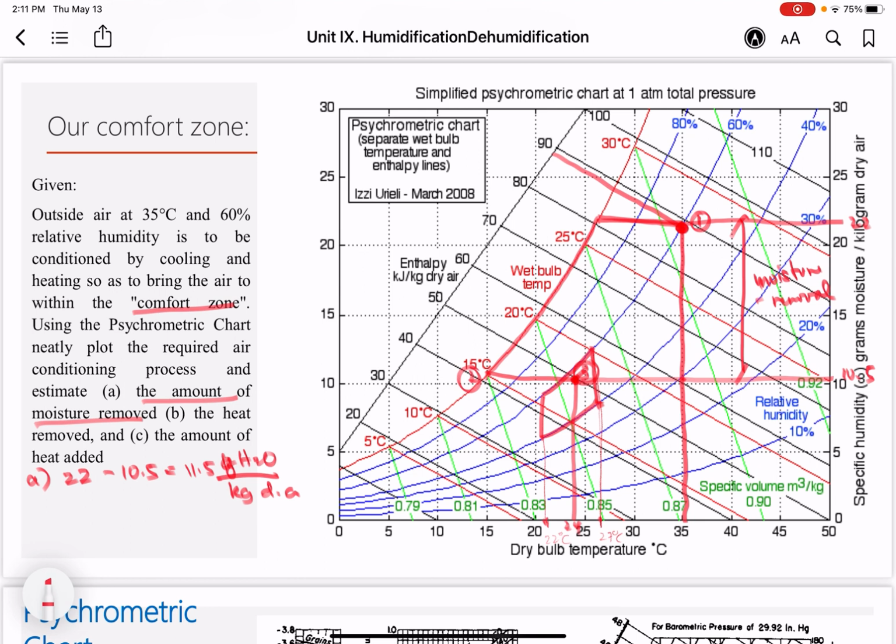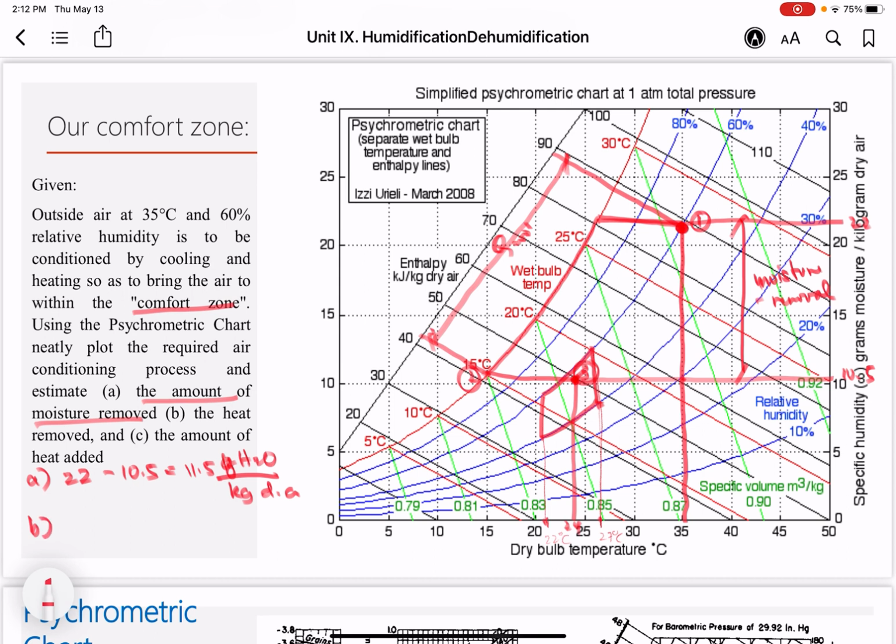O kaya, kung mga 40, 41, yung area na yan. So, this is the amount of heat removed or cooling. Q, cooling, di ba? Amount of heat removed, also this area.